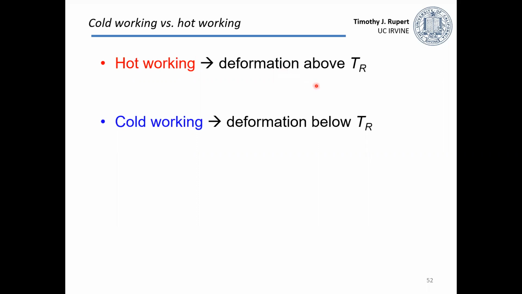Okay? These are actually used for very different reasons. Usually we cold work a material to make it stronger. We hot work it to change its shape. A good example is if you've ever seen the movie or worked in a sort of blacksmithing type of class, you'll see that somebody's taking something, maybe like a sword if it's in a movie, and they're hitting it with a hammer. There's really two different times they're hitting it with that hammer.